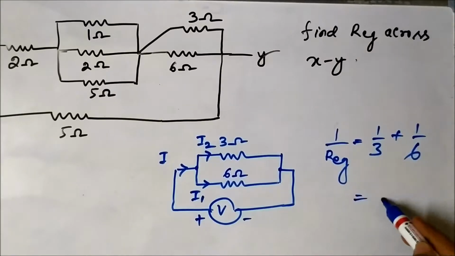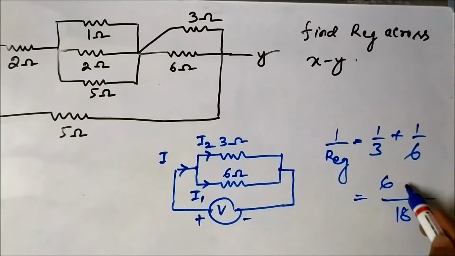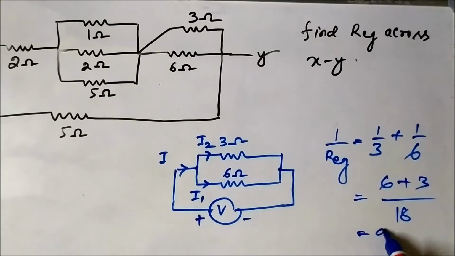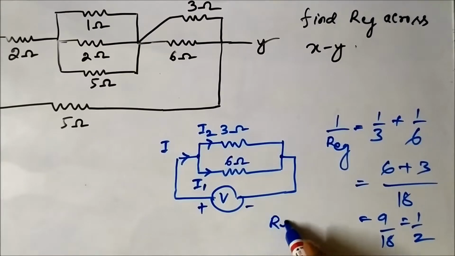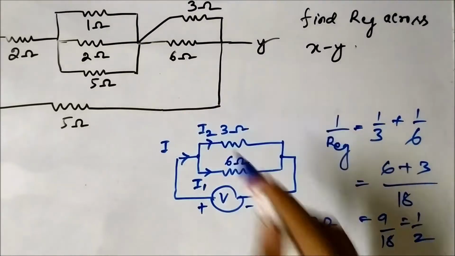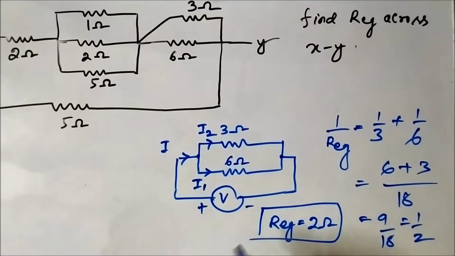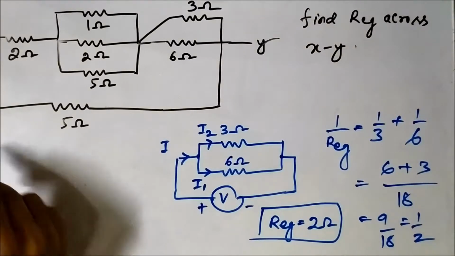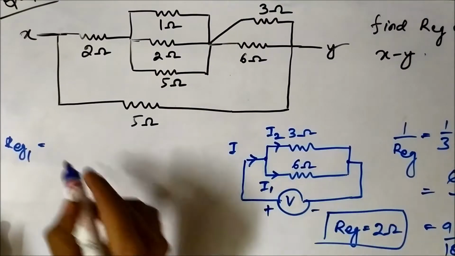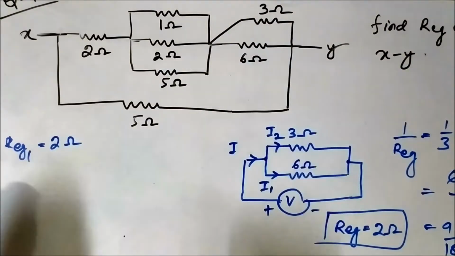Let's say we take the LCM, 18: this will be 6, this will be 3, this will be 9 by 18, which is 1 by 2, and the R equivalent would be 2 ohm. So for this combination the equivalent resistance is 2 ohm. Just remember that R equivalent 1 is equal to 2 ohm.